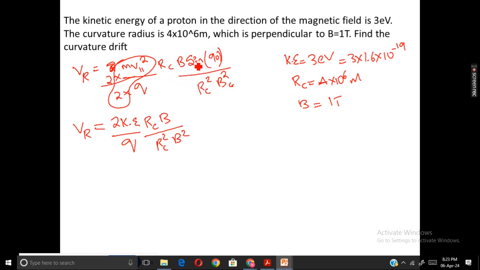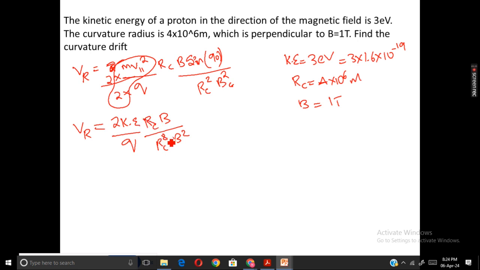The radius of curvature and magnetic field are perpendicular to each other, so R_c cross B will become R_c B sin 90, and then we are multiplying and dividing with 2. m v parallel square by 2 becomes kinetic energy and the 2 remains.